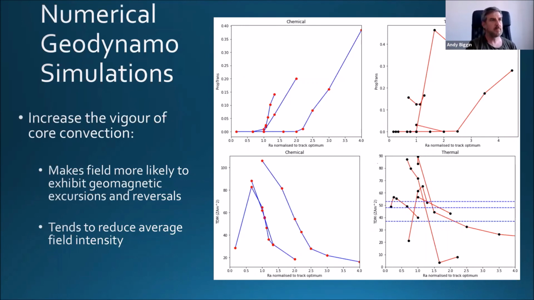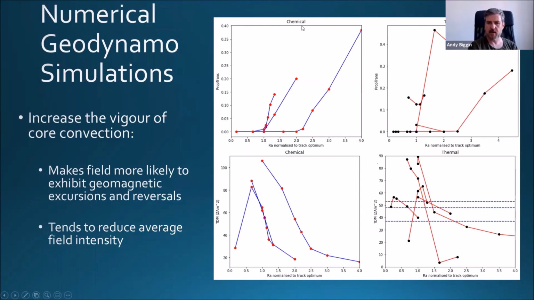There are lots of different input parameters for dynamo simulations, and in these cases where these points are connected by a single line, that's called a single track, we're only varying one input parameter, and that is the Rayleigh number of the simulations.